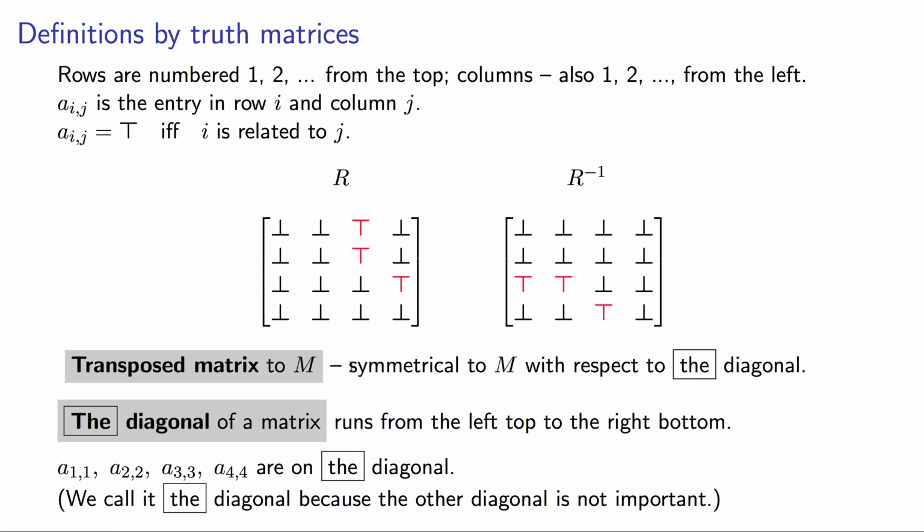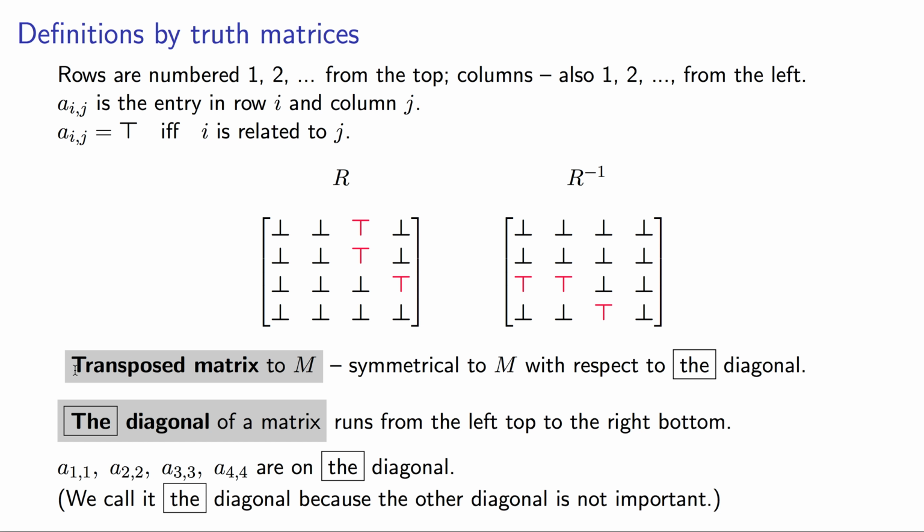Let us notice the symmetry between these two matrices. This symmetry is described using some conventional terms used in the theory of matrices. The second matrix is a transposed version of the first matrix.